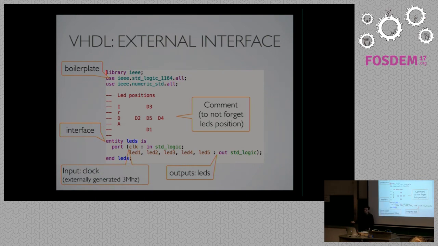There is one input, which is the clock, and on this board the clock is generated by a circuit on the board, and 5 outputs, which are routed on this circuit to the 5 LEDs. It's not very easy to see, but I will show it. So you just describe with an entity the interface, inputs and outputs.